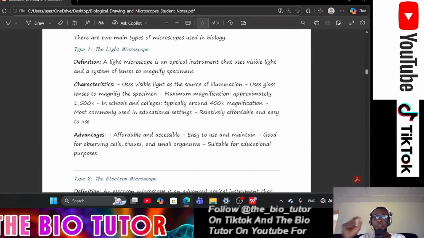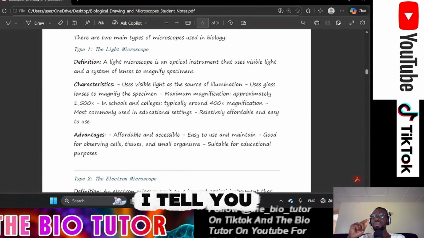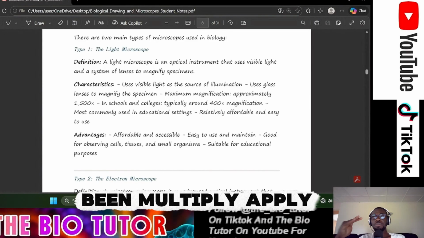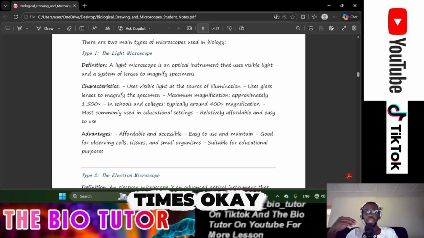And then three, maximum magnification is approximately 1,500 times. In magnification, if you see times, it means the organism has been multiplied by its cells 1,500 times.